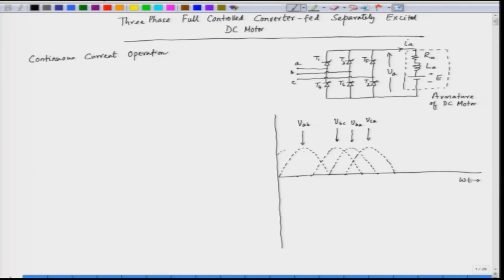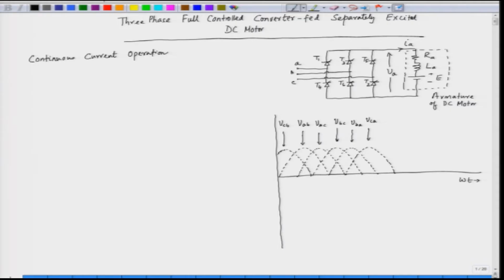So, we have VCB which is like this. And then we have the reverse of VCA, that is VAC. So, VAC is here.